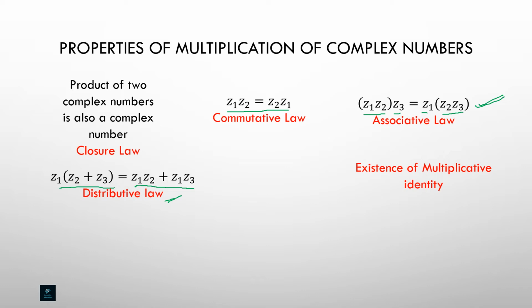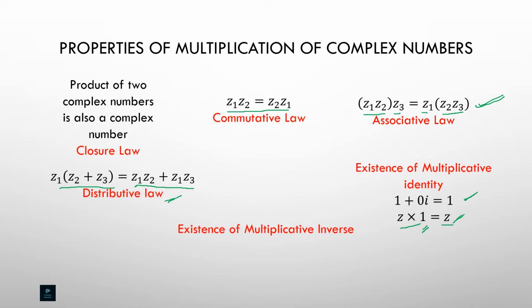Then the next one is the existence of multiplicative identity, which says that 1 plus 0i, equal to 1, is the multiplicative identity of any complex number, such that when it is multiplied to any complex number, it results in the same complex number. That means z times the multiplicative identity 1 results in the complex number z.